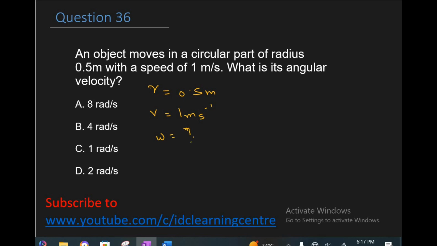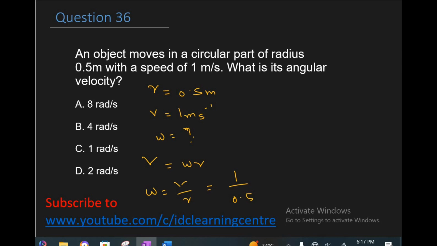Right, so the formula we're going to be using is the formula for velocity, which says V is equal to WR. Since we're looking for W, our W is going to be V all over R. Our V is 1, R is 0.5.